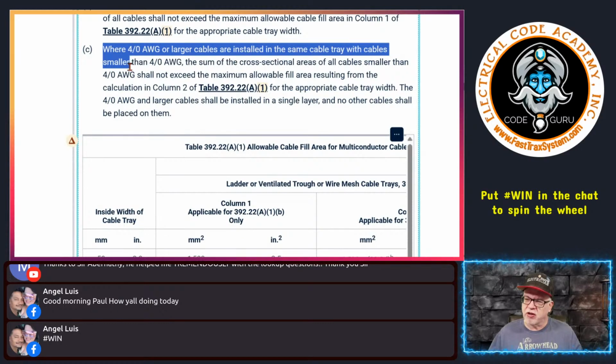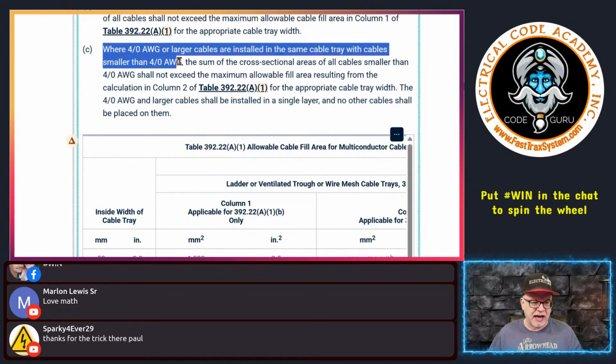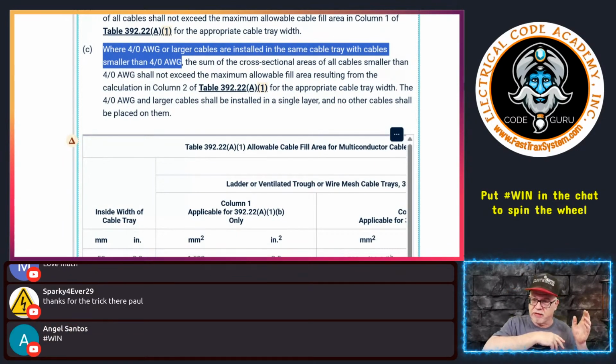tray with cables that are smaller than 4/0, a la what? A la 3/0 and less, all the way down to 1/0, because that's what can be in a cable tray, right? But remember, you also can have cables that have conductors in it that are smaller than 1/0. That's just for single conductors. And people lose sight of that sometimes too.